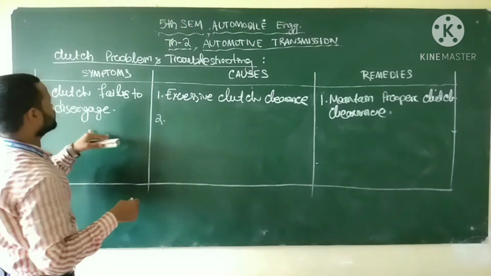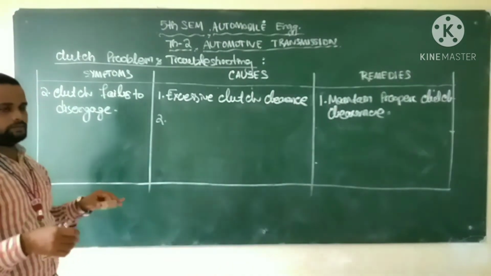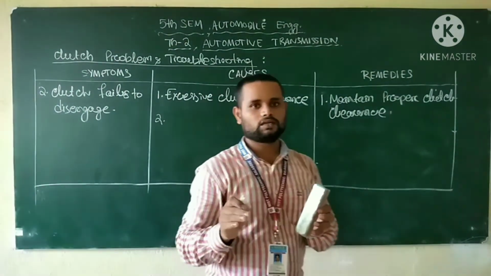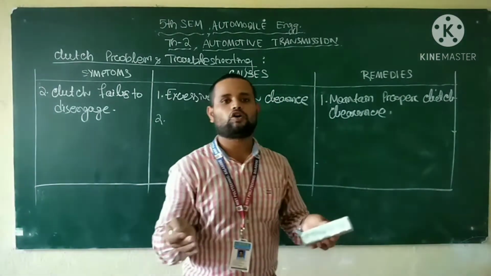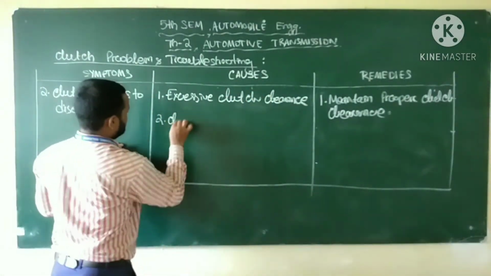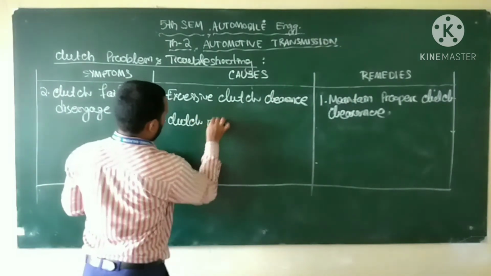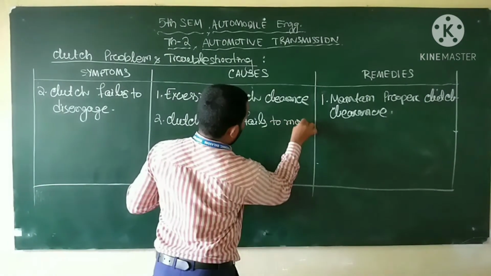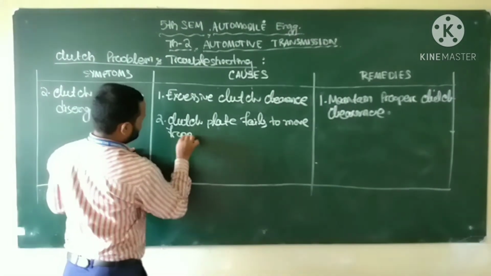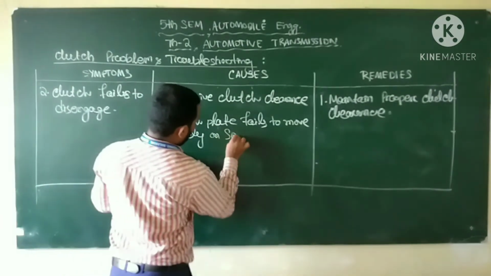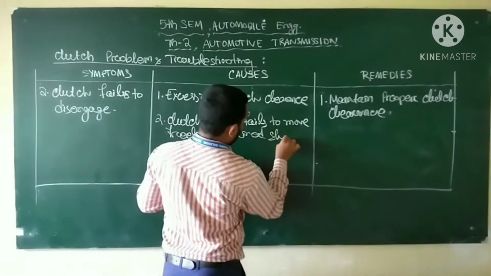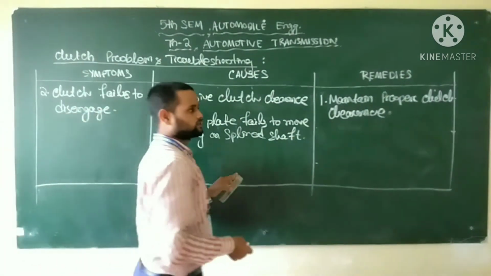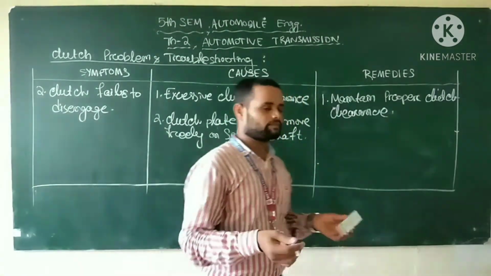Another cause of the clutch failing to disengage is that the clutch plate is not able to move freely on the spline shaft. There may be some obstacles on the spline shaft.